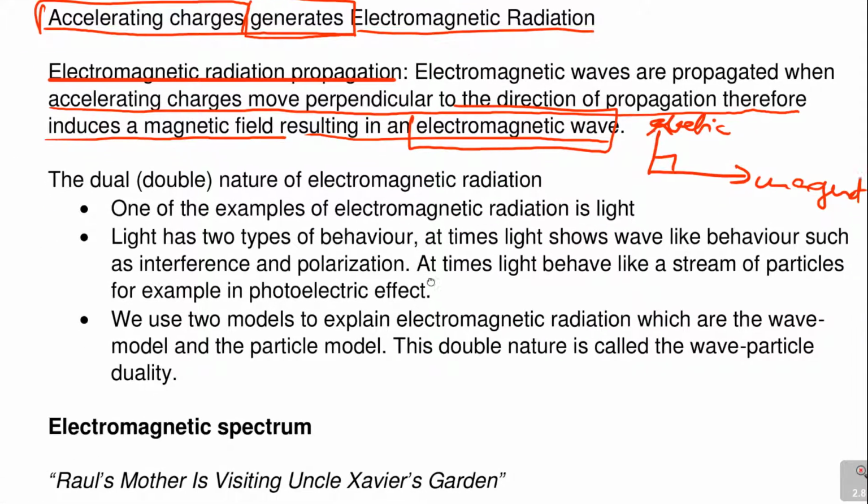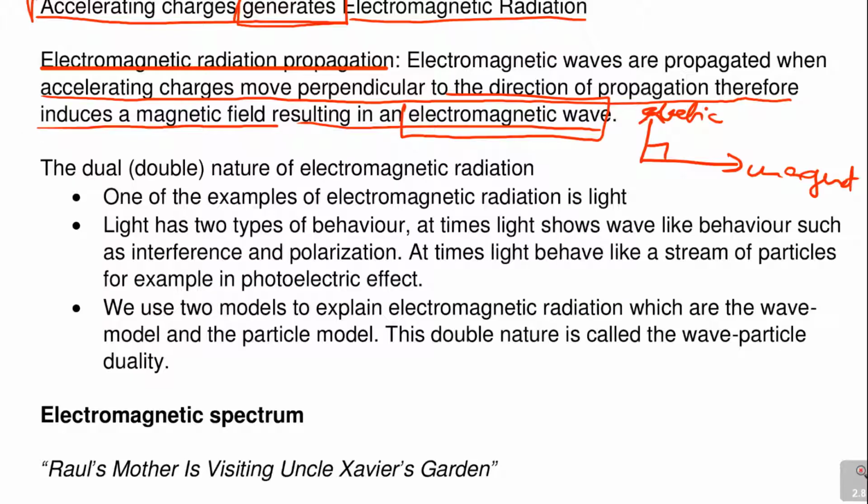Now the next part is for you to understand the dual nature of electromagnetic radiation. Dual means double nature. One example of electromagnetic radiation is light, the light that you see every day. Light has 2 types of behavior. At times light behaves like a wave.